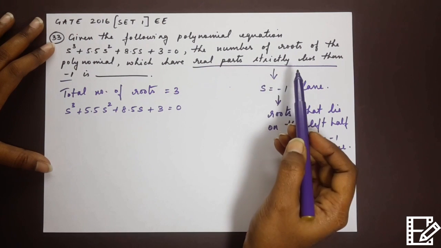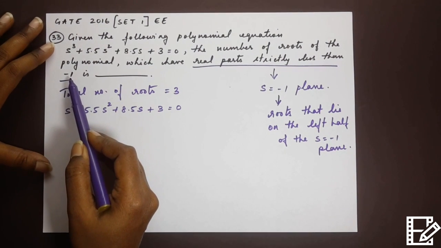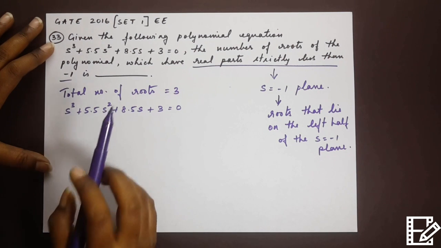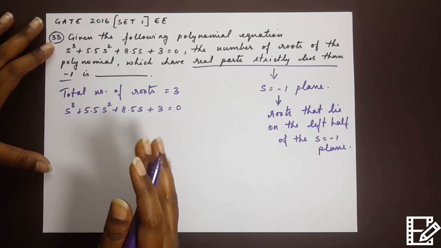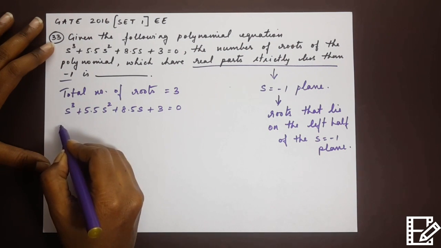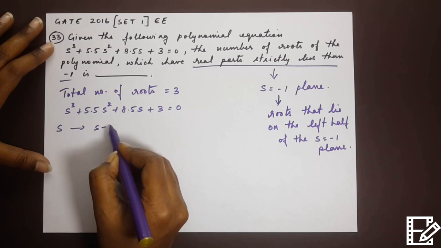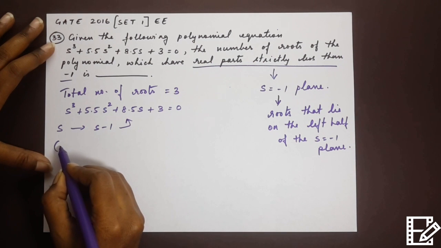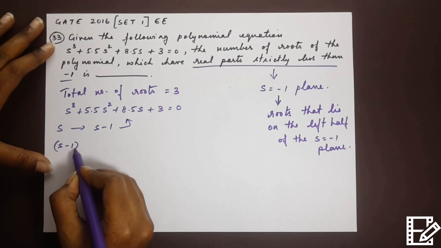Now, because the value is given as -1, we need to replace s with s minus 1. So, that's the first step, replacing s with s minus 1 into this equation. Wherever we have s, just plug in s minus 1.